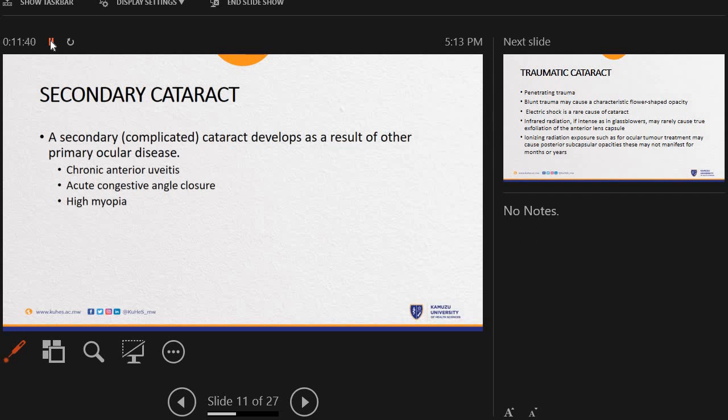Acute congestive angle closure glaucoma and high myopia can also cause cataract. How does high myopia cause cataract?